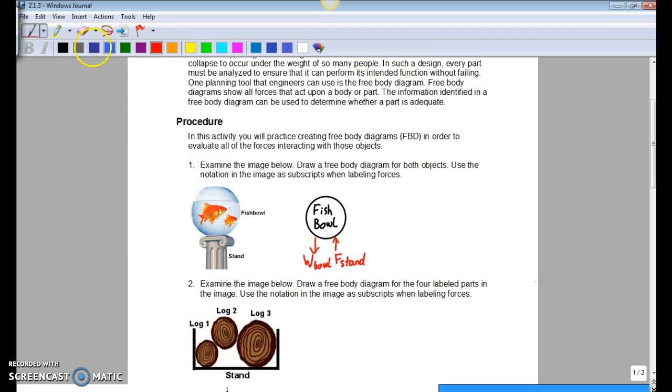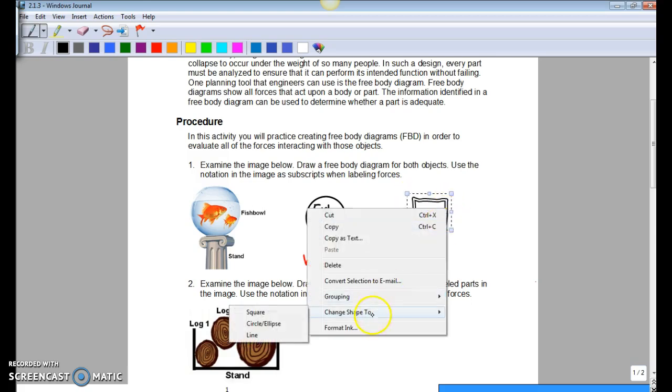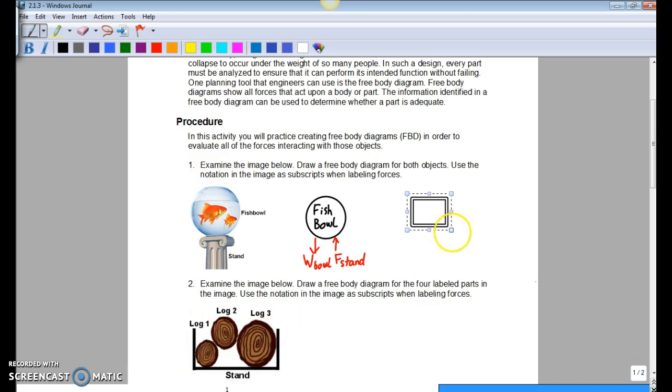The next thing we have, our next component, is going to be the stand. Let's look from the top down.